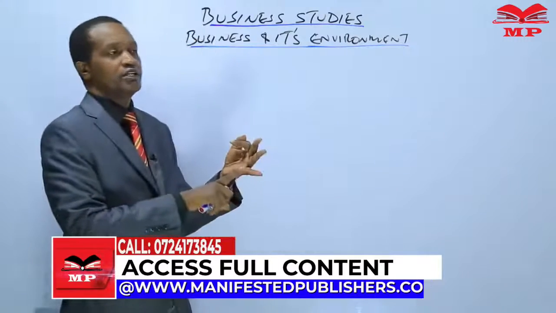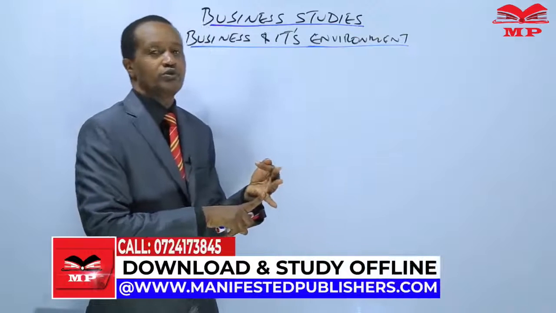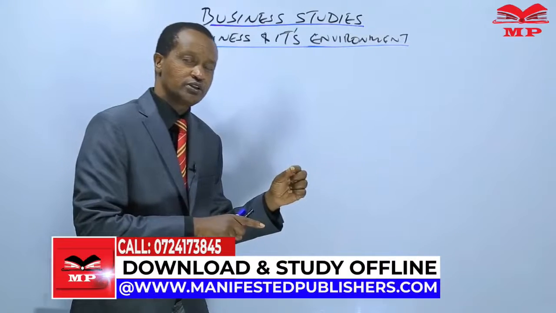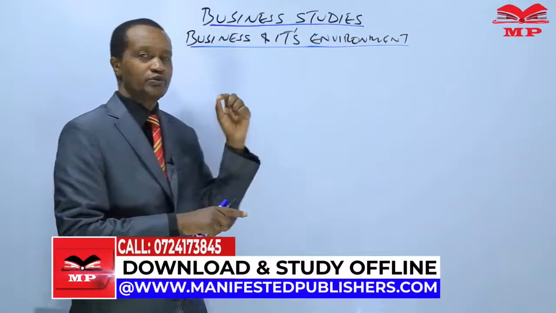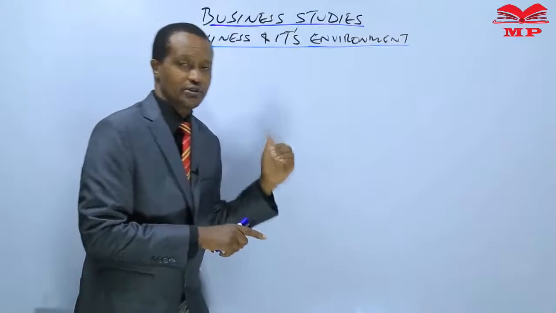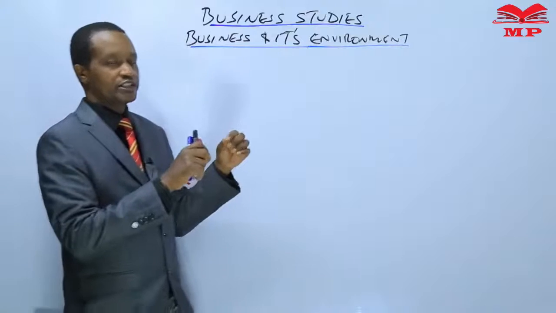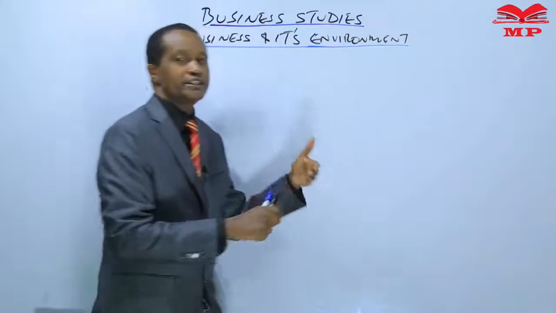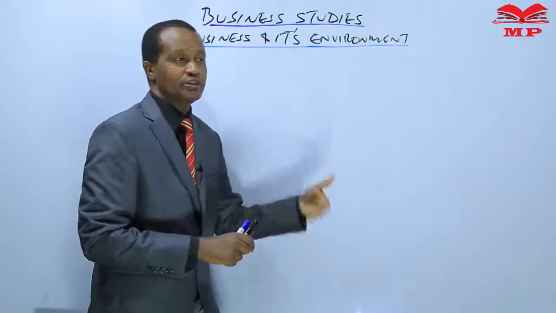We say that growth is seen in terms of the output, and can also be seen in terms of the size and sales volume. That's what we learned last time. And we also say that survival can be seen in terms of the stability of the business.